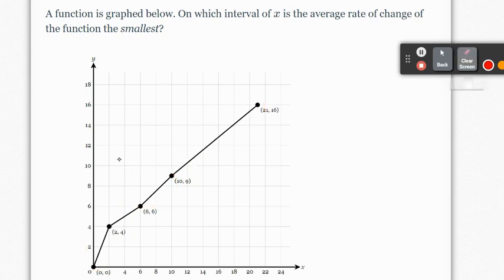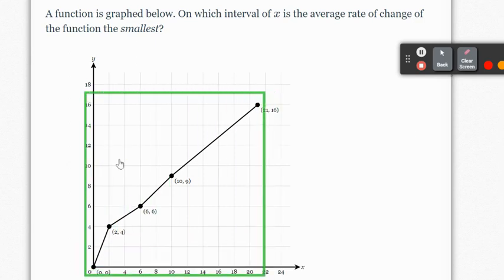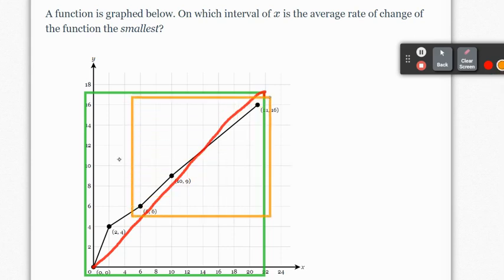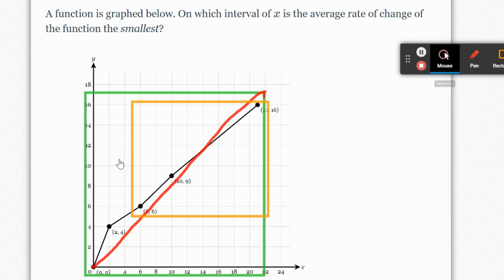But what could happen is they could say, well, let's go from 0 to the end. So this could be one interval, and basically you would get a line that goes from here to here. And then they could do another interval from, say, this coordinate to the end. And then you would analyze the coordinate from here to the end, and you'd see which one's the less steep slope.